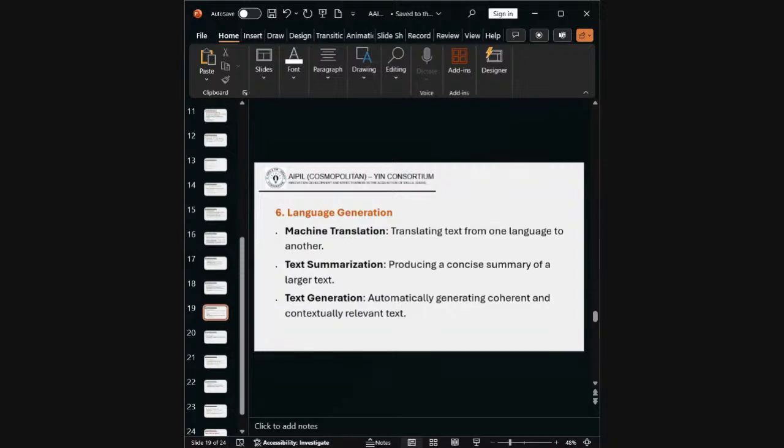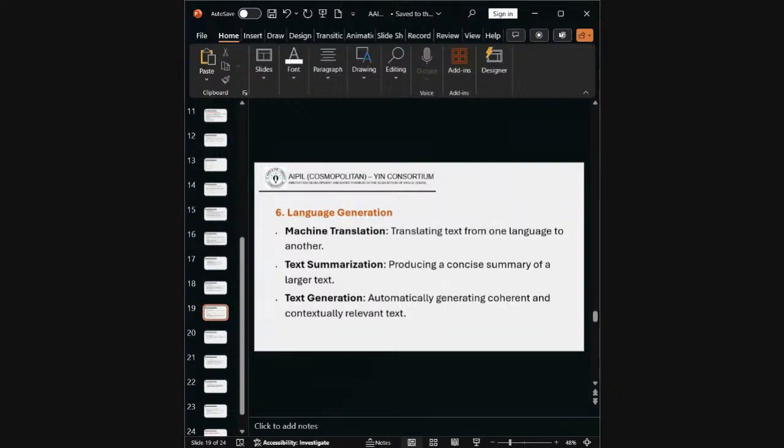Machine translation: translating text from one language to another, especially in the case of a multilingual chatbot. And then the next one, text summarization. Giving a summary is easy. And then text generation, generating coherent and contextually relevant text.